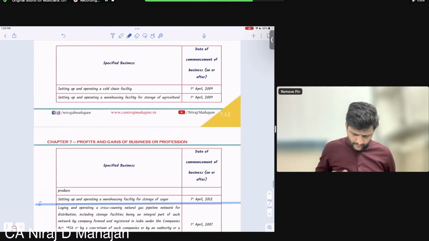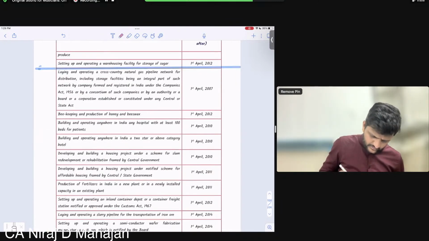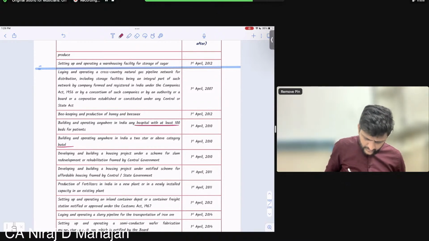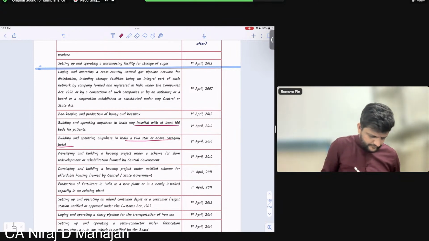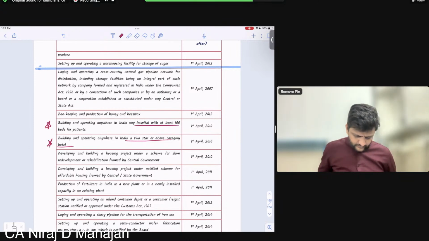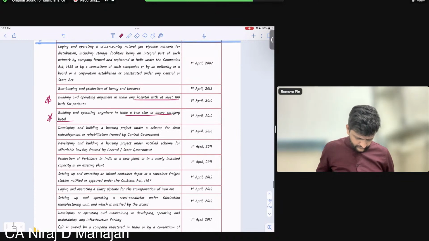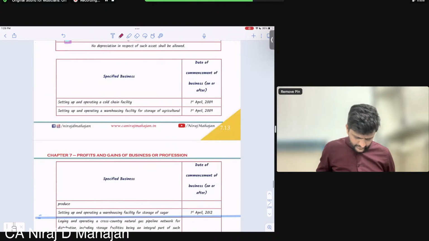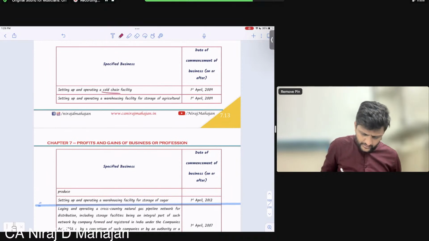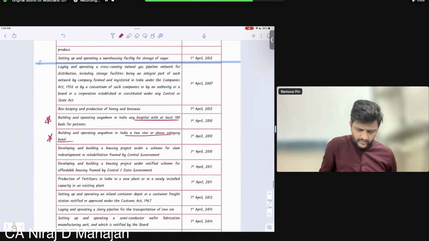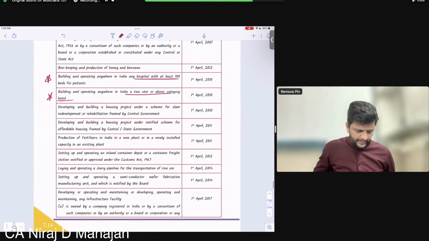Come to that page, 7.14: hospital, hotel, 2 star and above, yes, they are important. And the first ones are obviously important: cold chain, agricultural produce, sugar, and then hospital and hotel, they are the most famous ones.